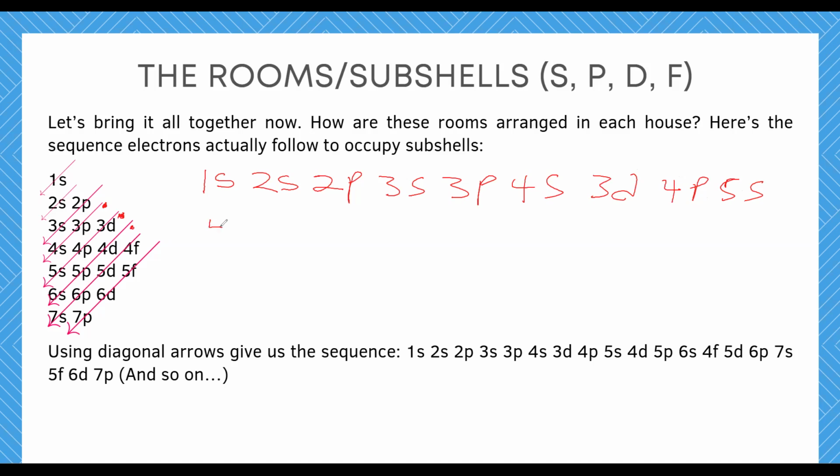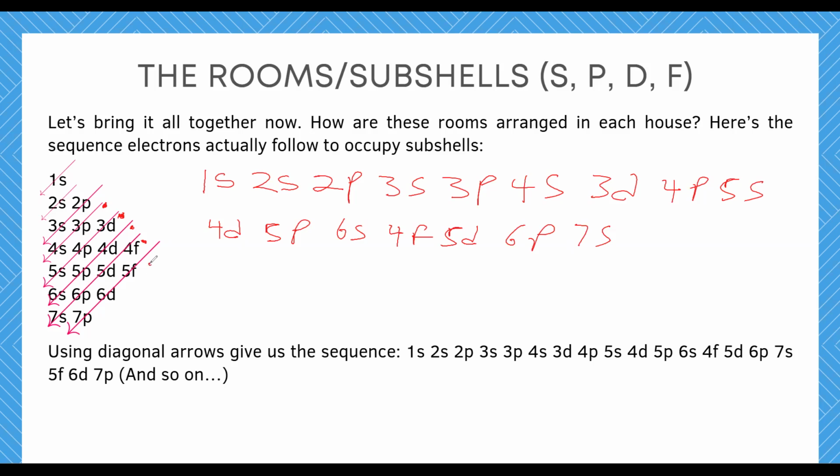And then for arrow number 6, what does it touch? 4D, 5P, and 6S. How about for arrow number 7? What does it touch? 4F, 5D, 6P, and 7S. Thank you.